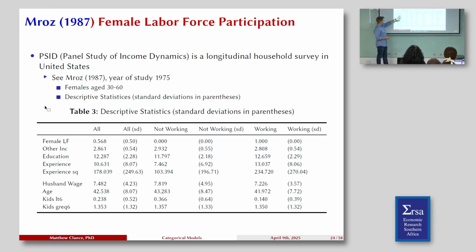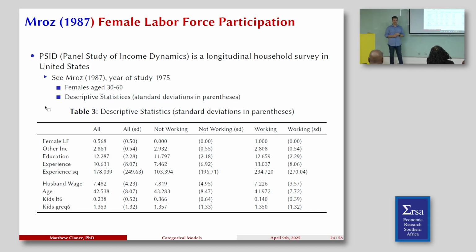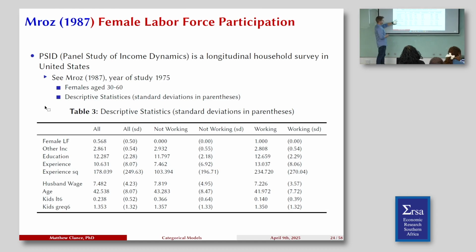But we can think about it in terms of all the variables. So this would be basically 56% or 57% of the women in this sample are employed. We could also think about how the other income, education, and experience are. Are they very similar?